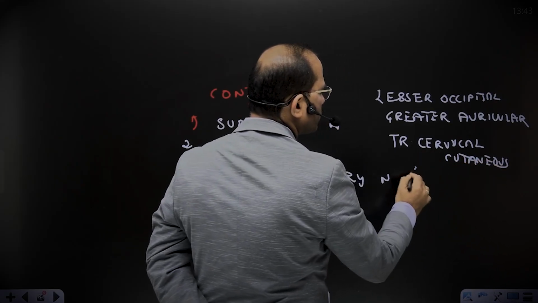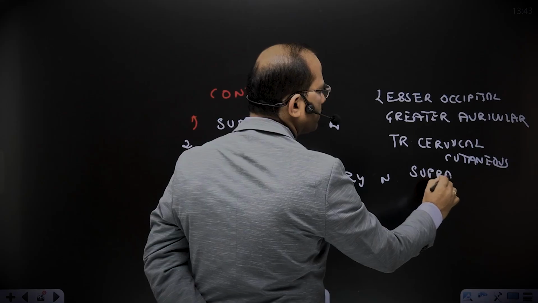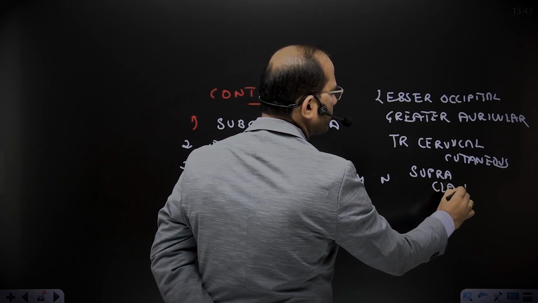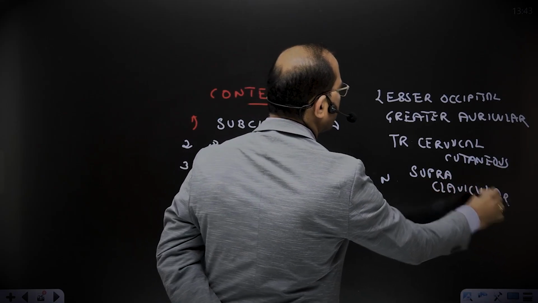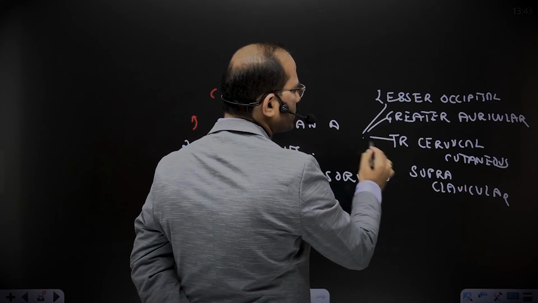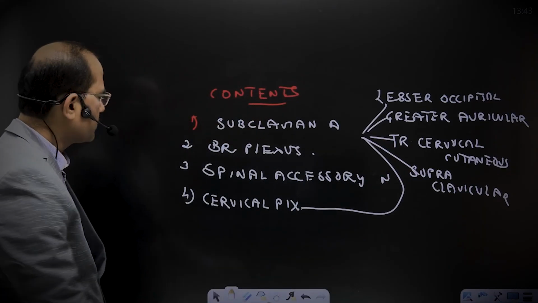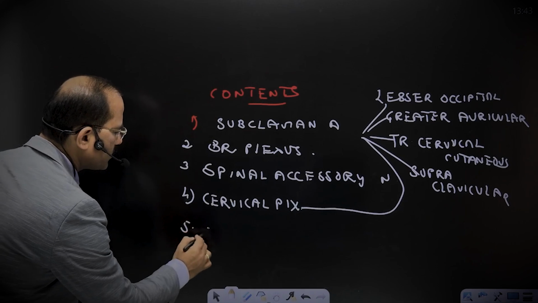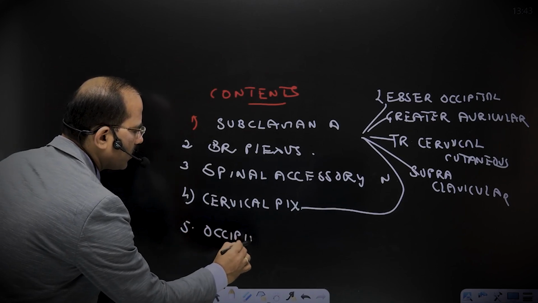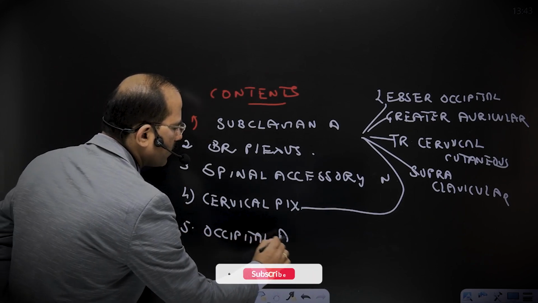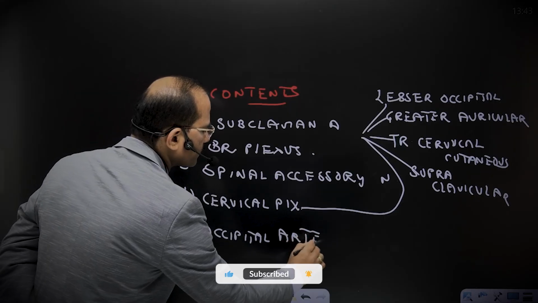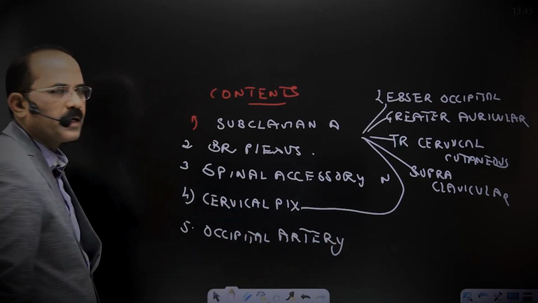And the fourth is supraclavicular. Okay, so lesser occipital, greater auricular, transverse cervical, and the supraclavicular. These are the branches of cervical plexus. And the last content is occipital artery. Am I clear to all of you?